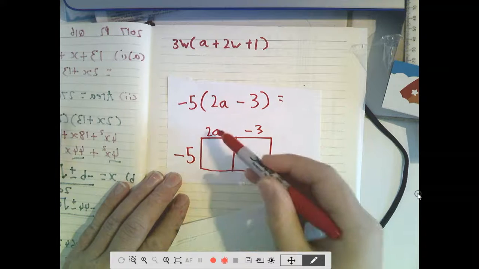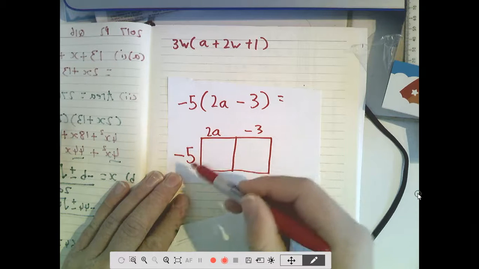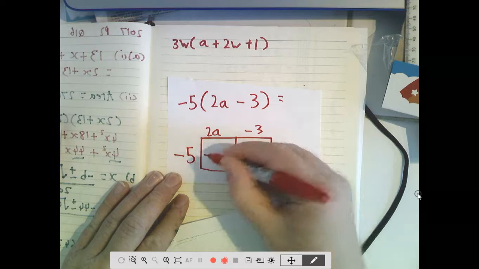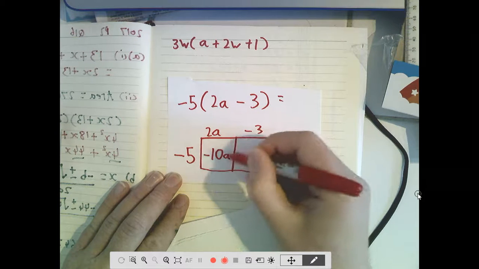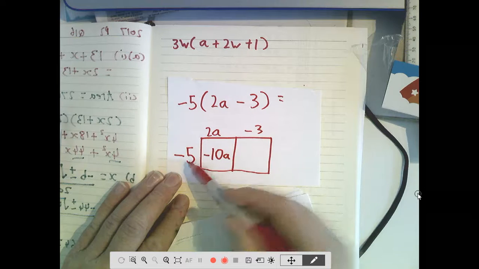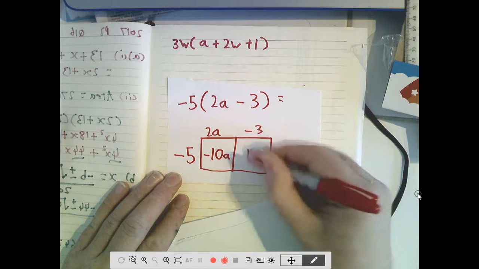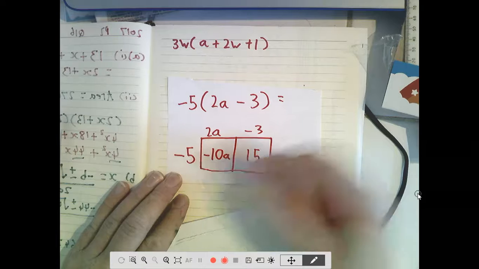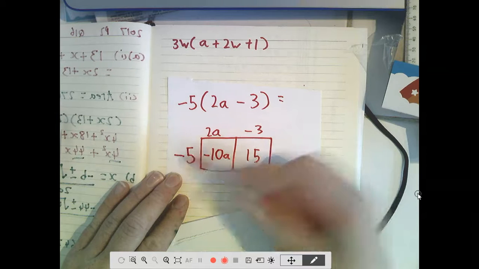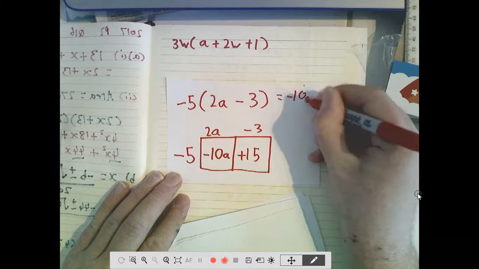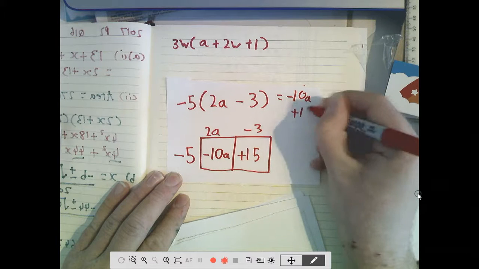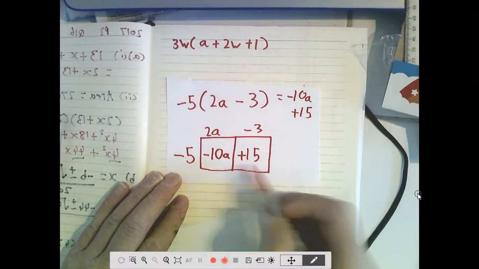What's minus 5 times 2a? Minus 5 times 2 is minus 10, and in this case, minus 10a. Minus 5 times minus 3. Well, 5 times 3 is 15, and a negative times a negative gives me a positive. I've run out of room there to write that, but my answer is negative 10a plus 15.